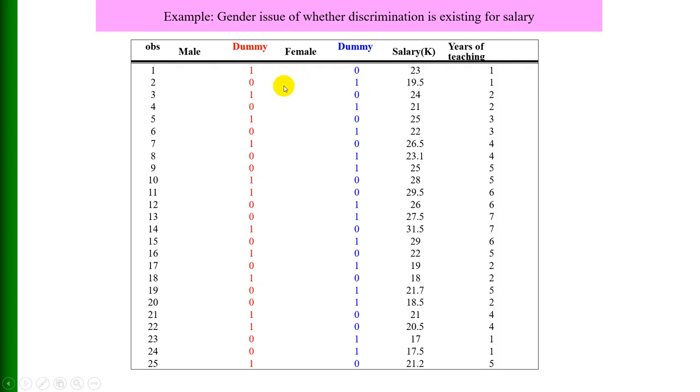Here it is 1, female, and here it is 0. This is salary in thousands, and this is years of teaching experience. So we have 3 variables. One is salary, our dependent variable. This is our independent variable, which is quantitative, and we will use one dummy variable for gender.